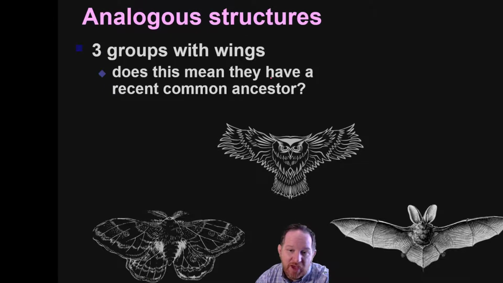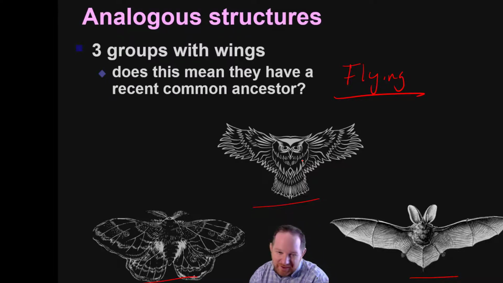And another example I want to point out to you are all the flyers, right? The flying animals. So here we've got an insect, maybe a moth or butterfly here. We've got an owl, a bird, and we've got a bat. All right, so once again, we think, okay, these must be related, right? Because they fly. Well, it's actually not true.